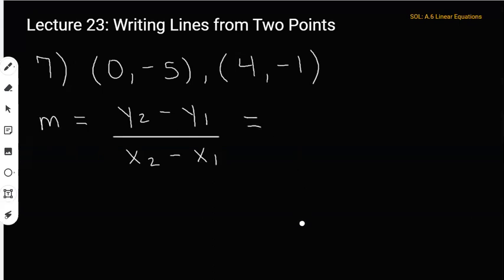Okay, so what are my y values going to be? I'm going to have -1 minus -5. And notice, because I have a double negative right here, I'm putting the -5 inside parentheses. And I urge you to do the same thing.